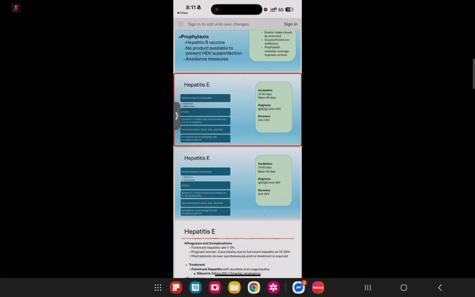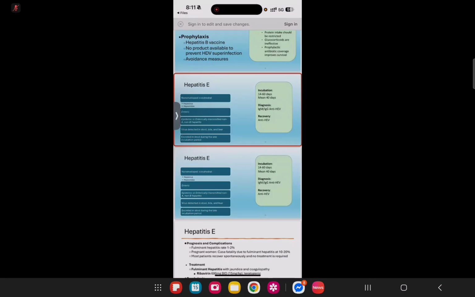So for hepatitis E, we will start with hepatitis E. Again, the hepatitis E virus is a non-enveloped icosahedral single-stranded RNA virus belonging to the Hepeviridae family, genus Orthohepevirus.